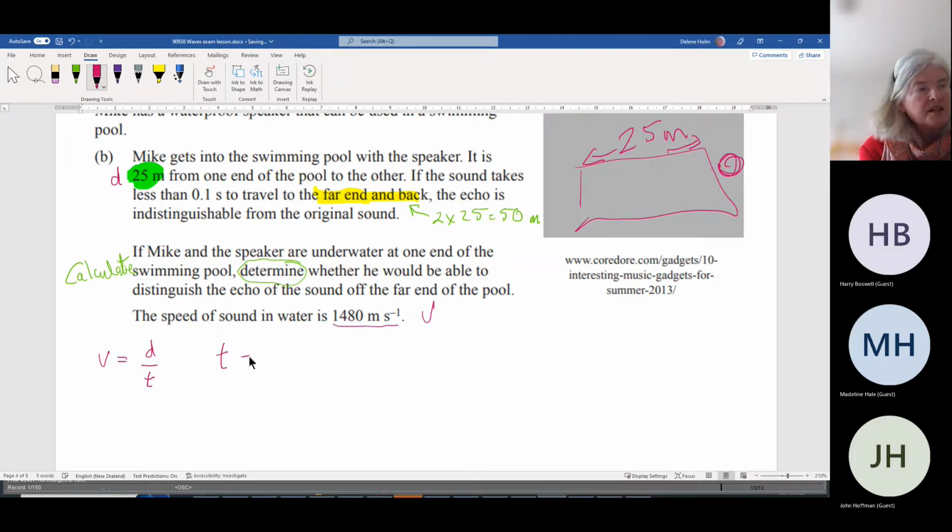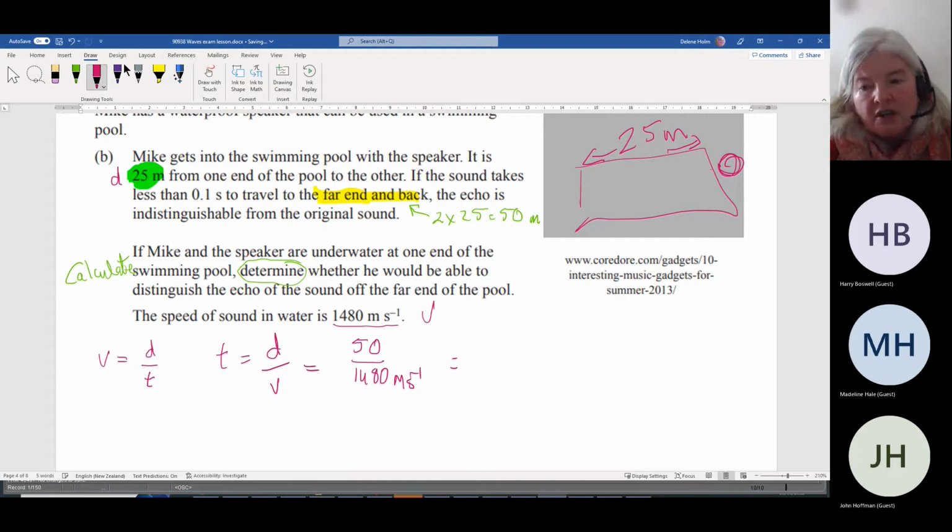Yep, so t is equal to, if I'm dividing this side, it multiplies that side, and then if that one's multiplying, it divides on this side. So it's d over v, which is 50 meters all over 1480 meters per second. And that's going to be a tiny amount. Okay.